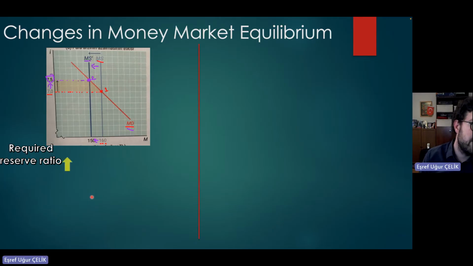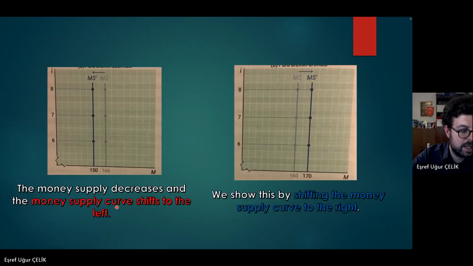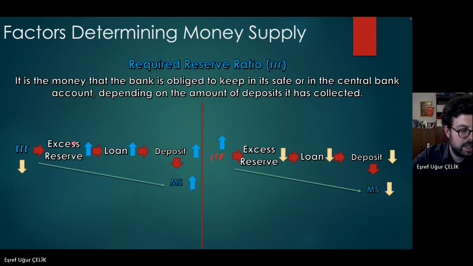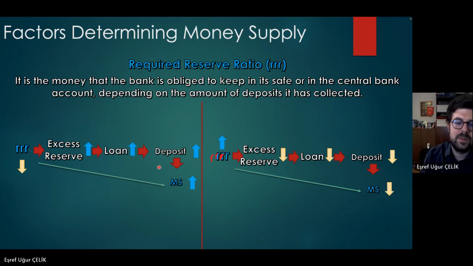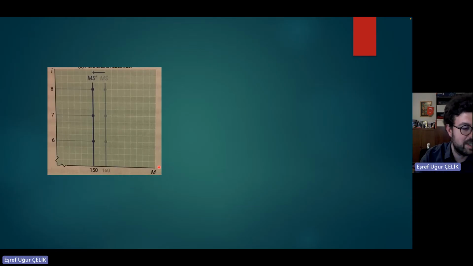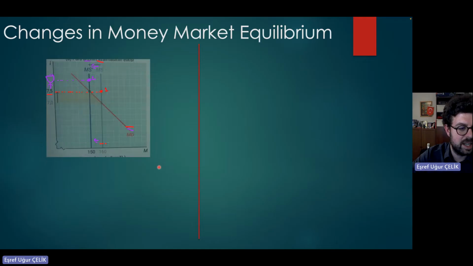If the reserve ratio increases, what can I say? The money supply becomes lower. I told you in previous slides, and I can tell again. Please return to your study. Let's count again.